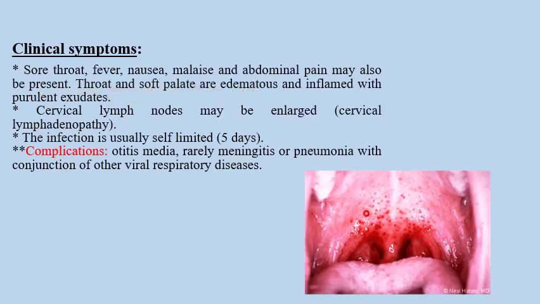As you can see here, the view of the throat from the inside is full of white material, which is pus, the purulent exudates. This white color in the throat is very characteristic of strep throat infection. Also the cervical lymph nodes may be enlarged, which we call cervical lymphadenopathy.